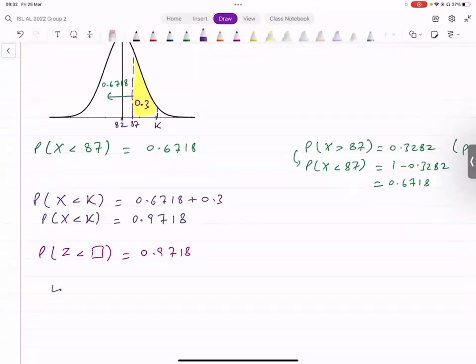Left side पे जो area है, that is greater than 0.5, right?